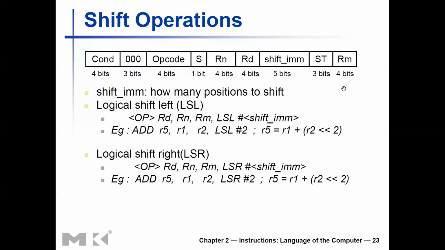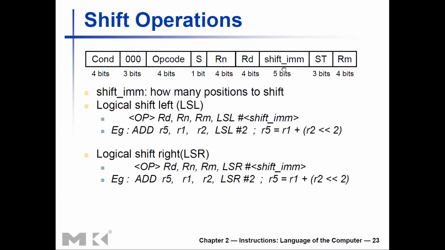And you all know that we only have 16 registers, so to specify the second operand we only need 4 bits. The first 8 bits, the shift IMM field, say how many positions to shift, that is the shift amount. We saw it was like #5, #2, things like that.